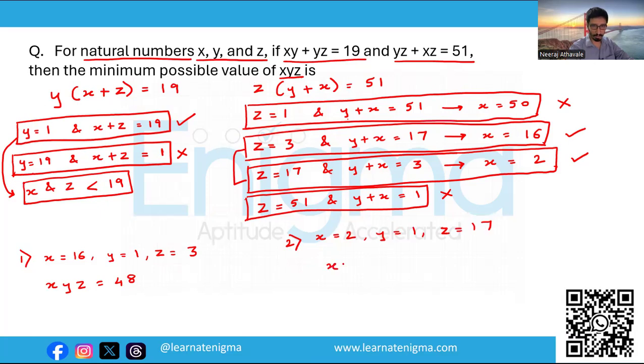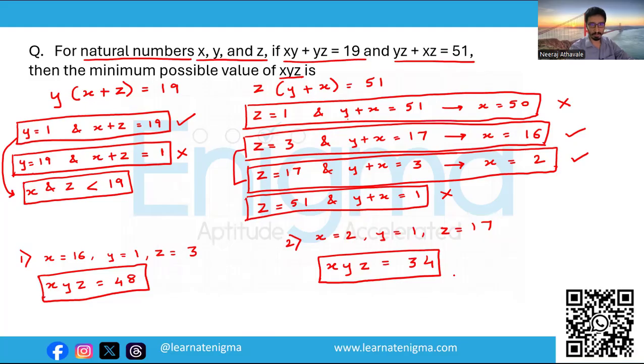And therefore the product xyz comes out to be 17 twos are 34. Now out of these two values, 48 and 34, the minimum value is 34, and therefore that will be our answer. So the answer for this question is 34.